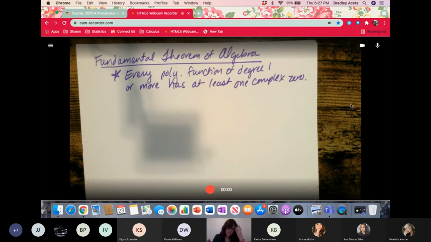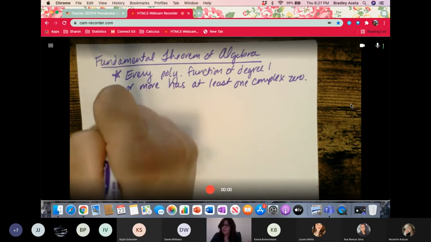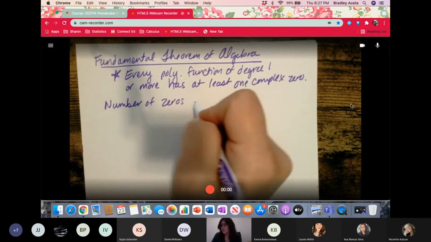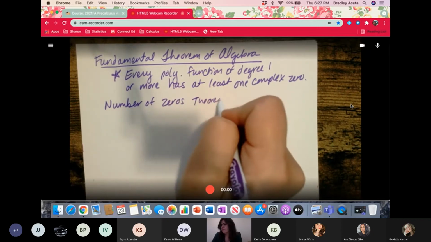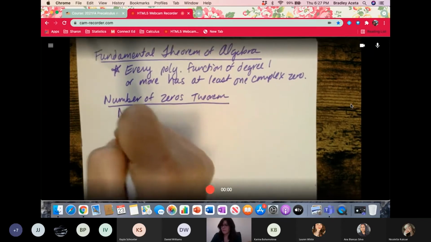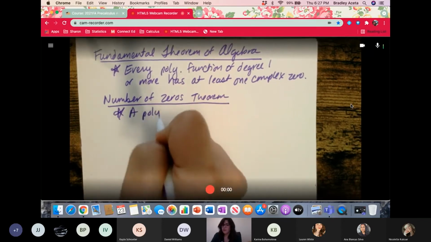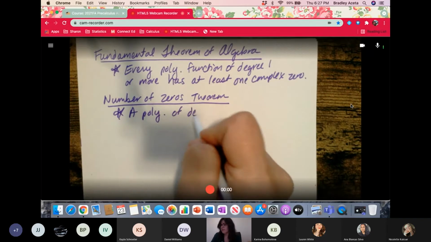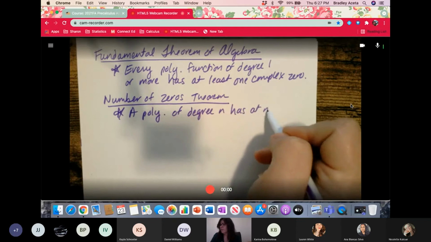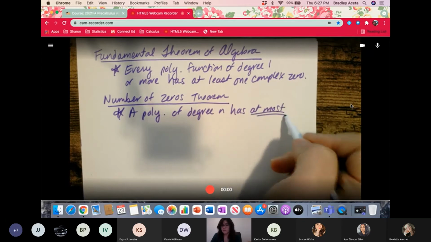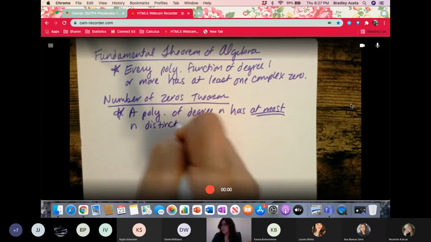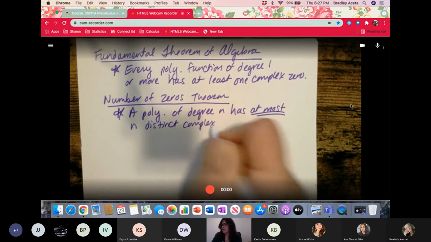Amazing. Now, the number of zeros theorem states the following: that a polynomial of degree n has at most n distinct complex zeros.